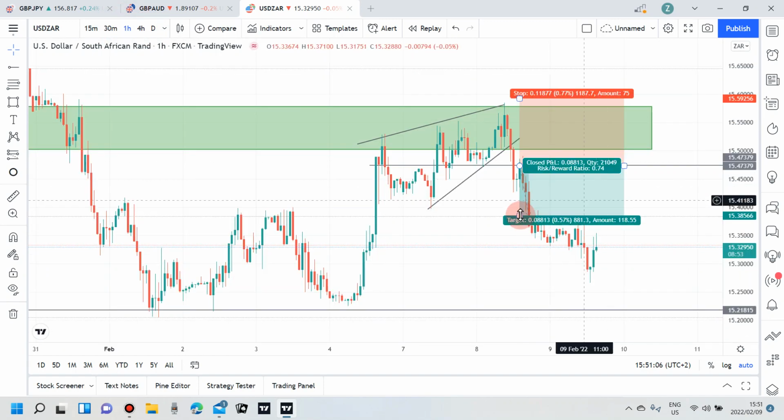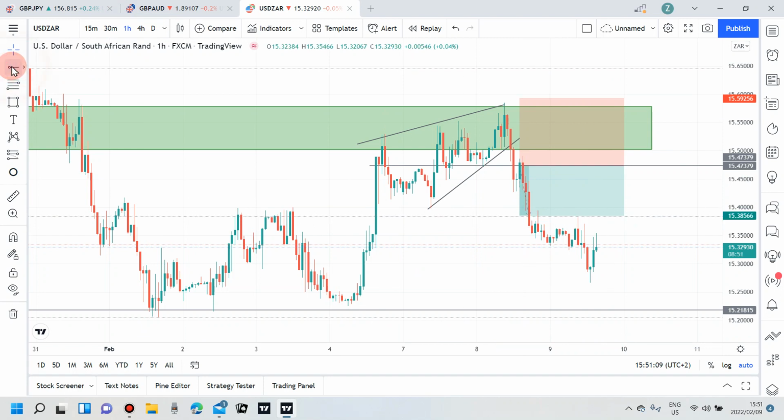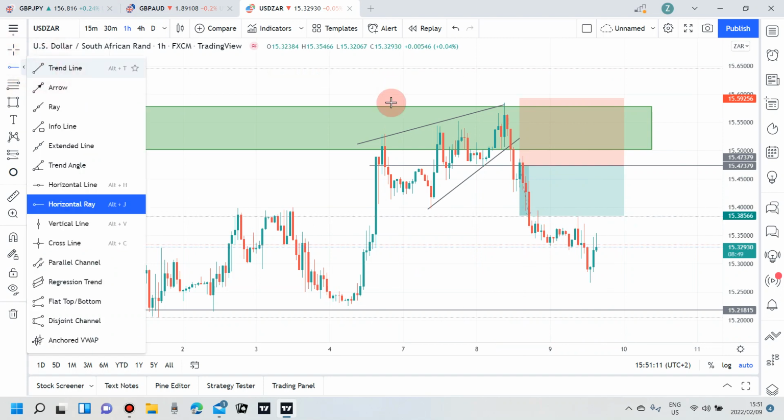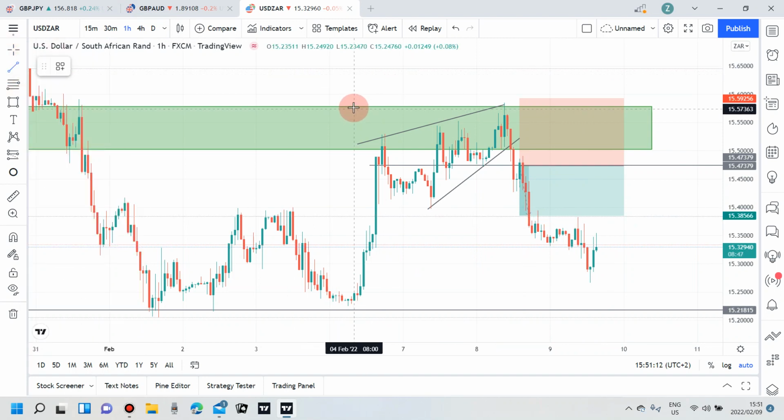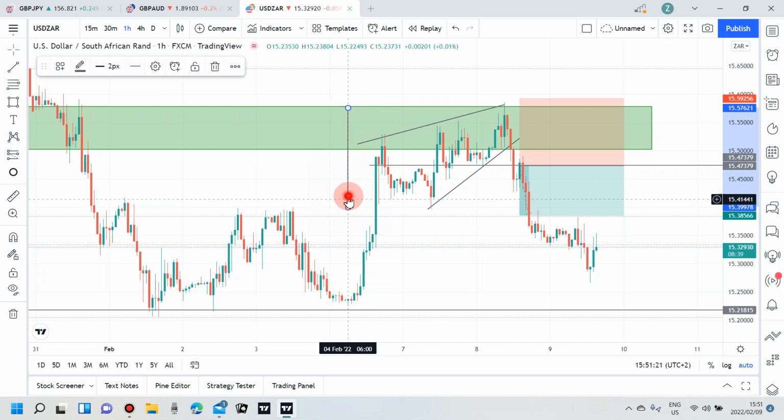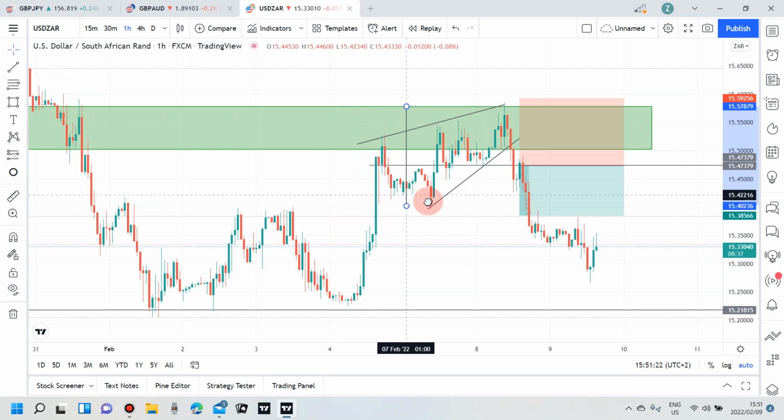For your take profit, you would calculate the size of the pattern. So this is the size of the pattern, and you can see, yes, the size of the pattern.